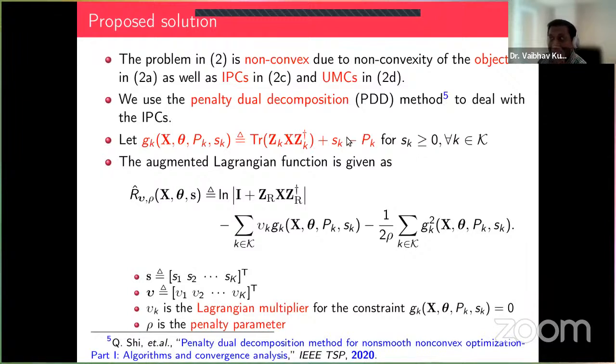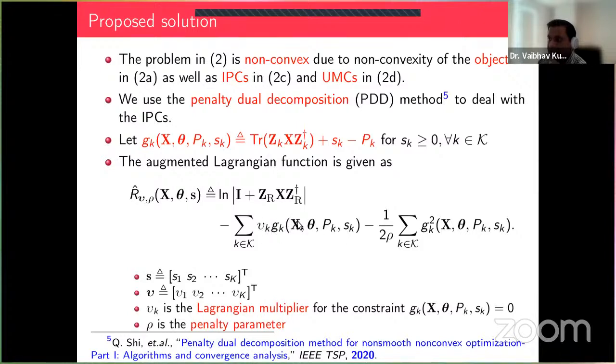That should be less than or equal to pk. If I add some small number sk, it becomes equal to pk, and then I subtract pk from that, so this whole thing, my gk, is equal to 0. If you see here, this log det function is the rate of my secondary receiver, and at the same time we have this gk function with first order.